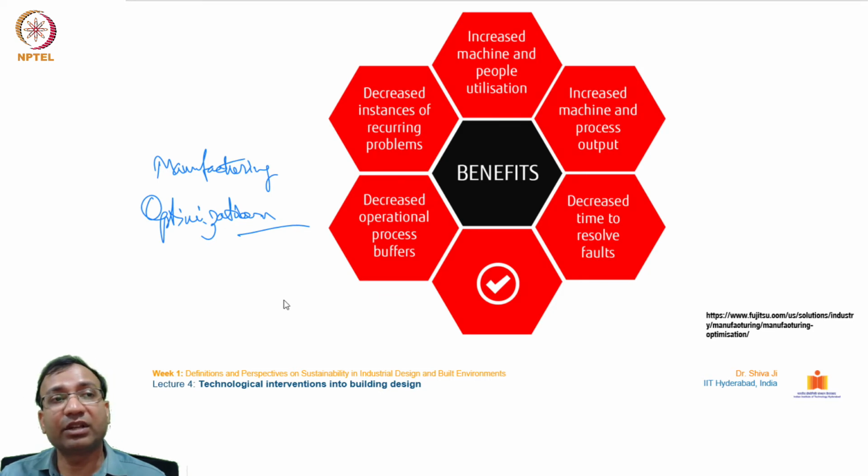So how can this manufacturing optimization be brought about, and what could be the benefits of this exercise? Increased machine and people utilization, increased machine and process output, decreased time to resolve faults, decreased operational process buffers, decreased instances of recurring problems. So you see there are several benefits of this process optimization in the manufacturing sector.